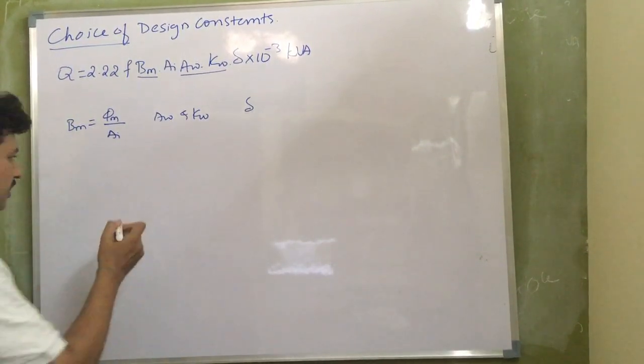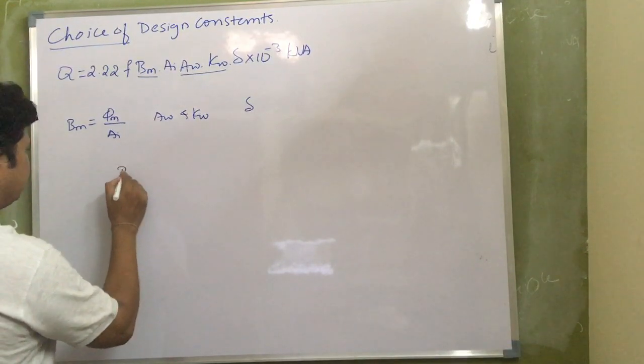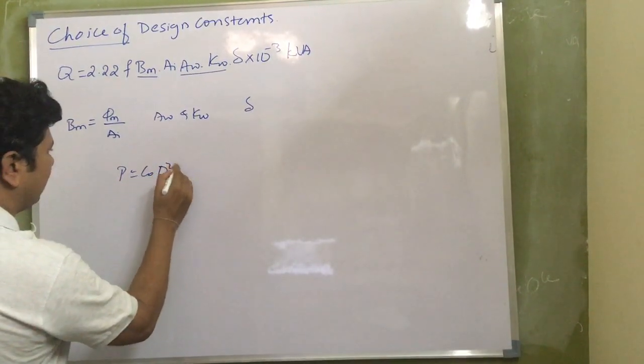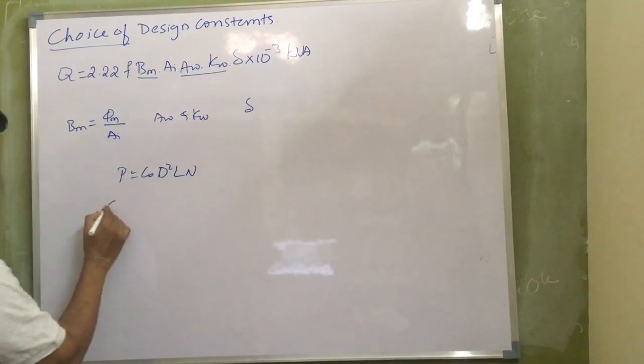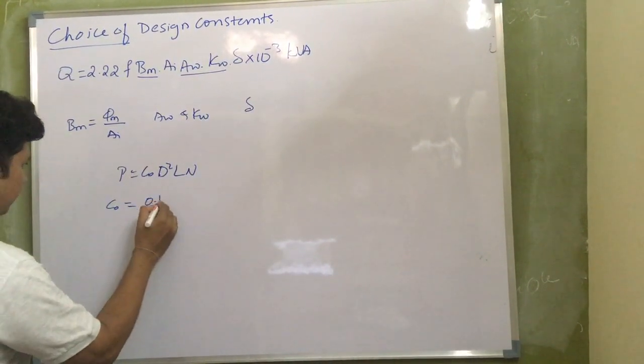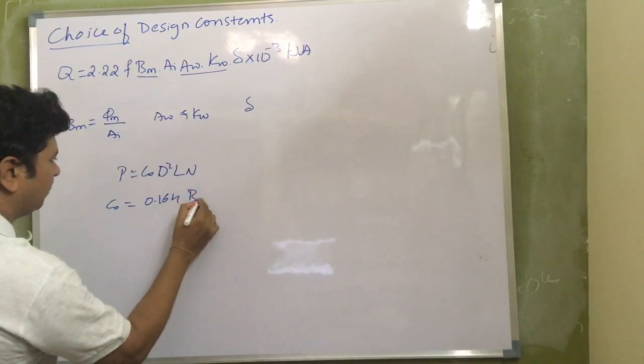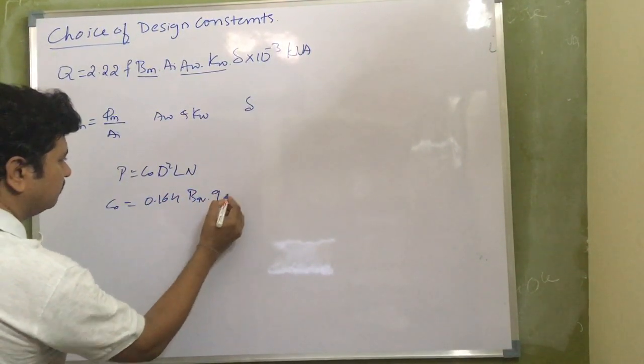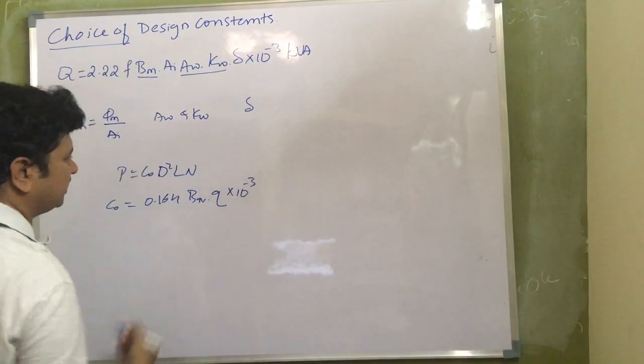Like we had P equals C naught D square L n, where C naught equals 0.164 for a DC machine, 0.164 BAV Q into 10 to the power minus 3.